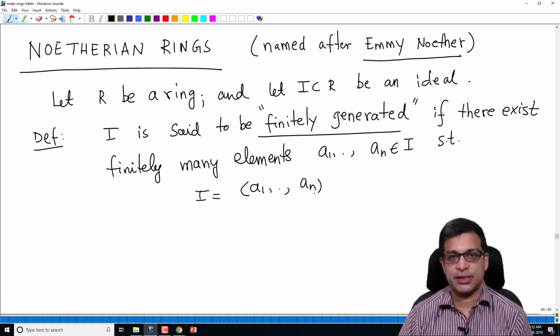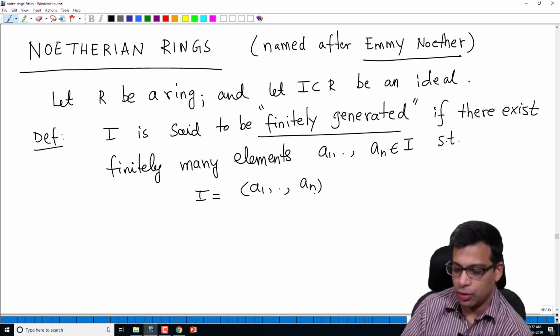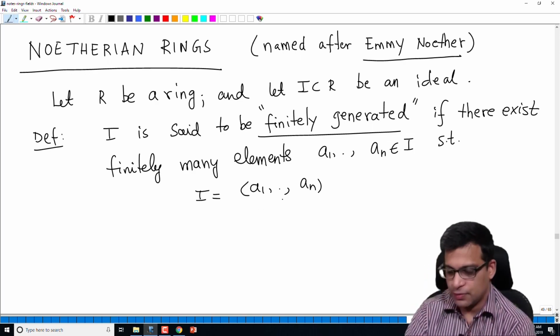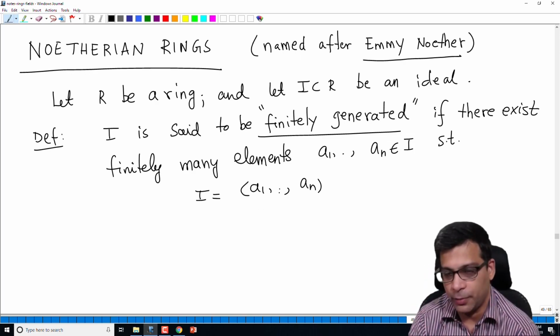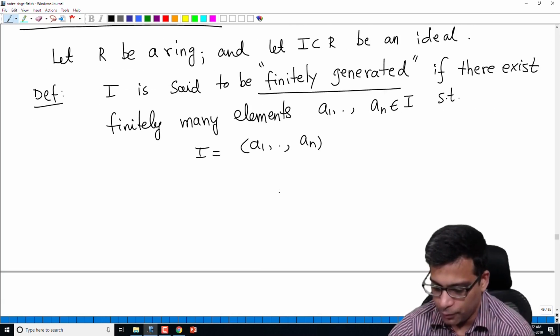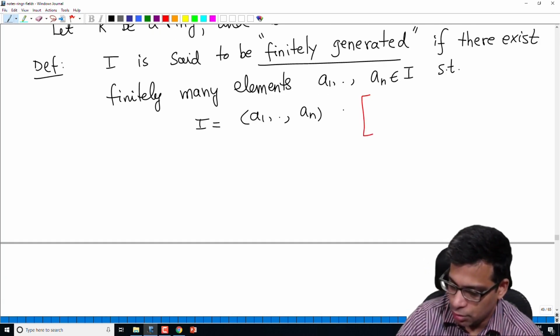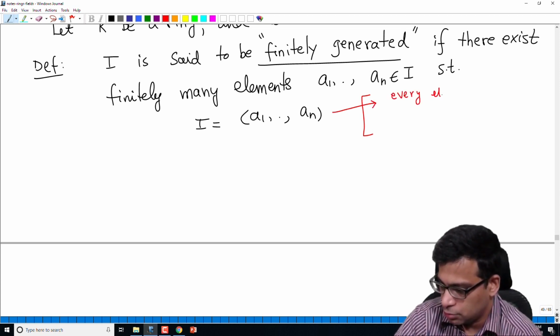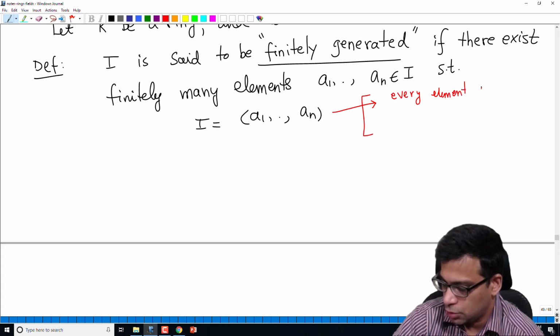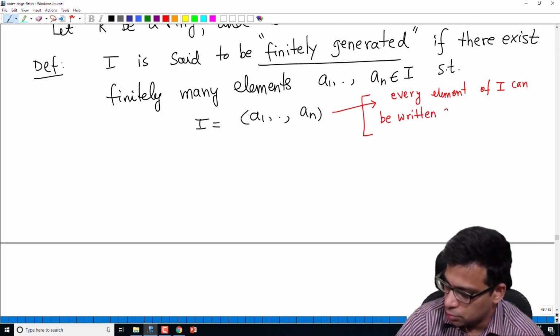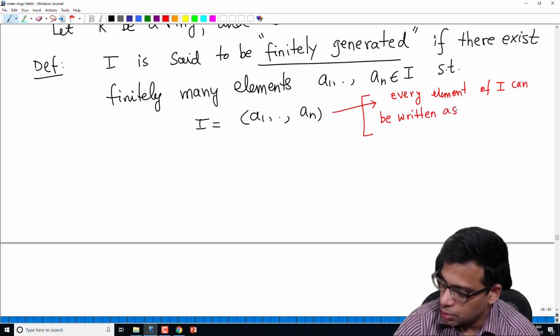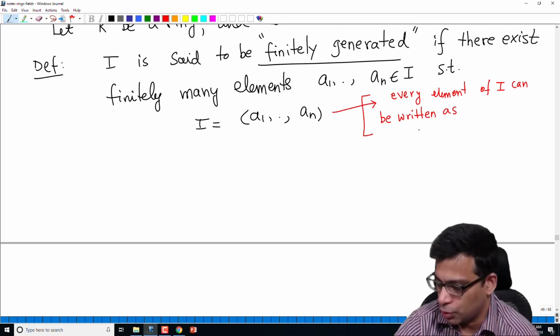I've already discussed in some previous video what it means for a collection of elements to generate an ideal. So this simply means that every element of I can be written as some linear combination of a1 through an.